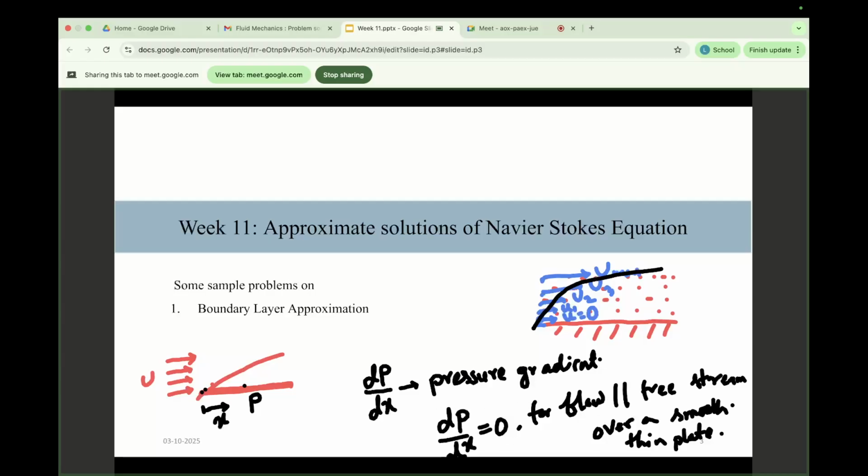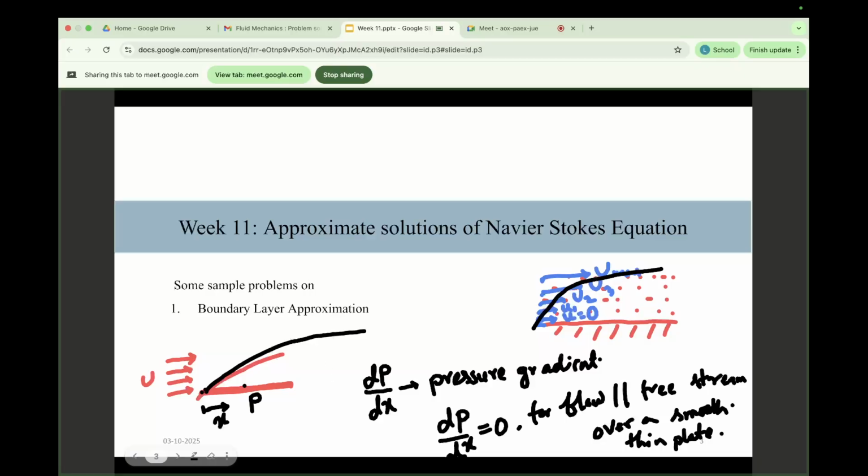So in certain cases, if the pressure gradient is zero, that implies this boundary layer thickness increases continuously with respect to the x direction, no change in pressure. So in that case, you will see this boundary layer is going on increasing as you move further along this x direction.